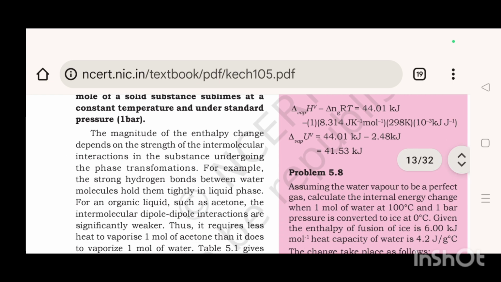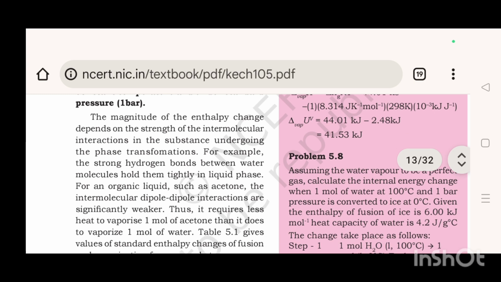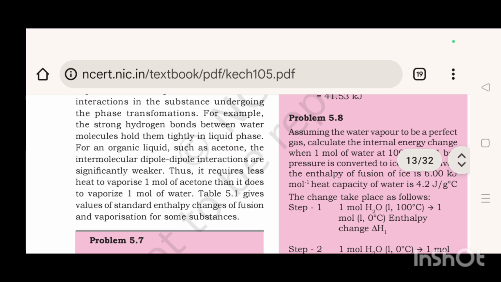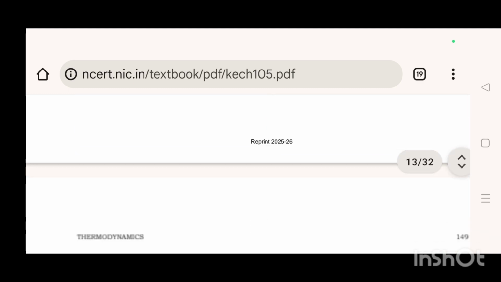The magnitude of the enthalpy change depends on the strength of the intermolecular interactions of the substance undergoing the phase transformation. Thus, it requires less heat to vaporize 1 mole of acetone than it does to vaporize 1 mole of water. The table gives values of standard enthalpy changes of fusion and vaporization for substances.